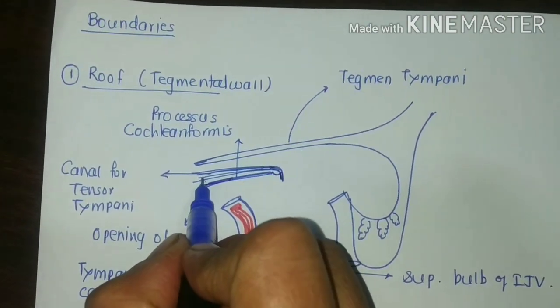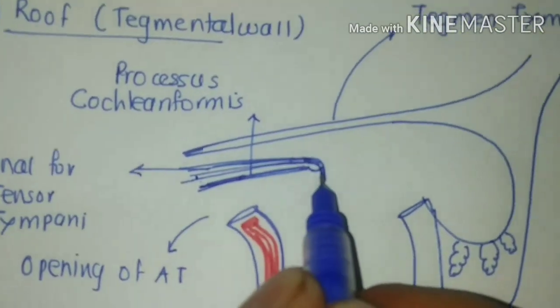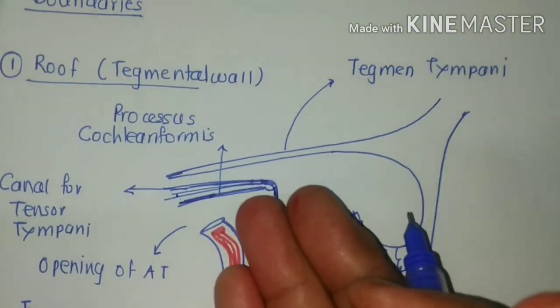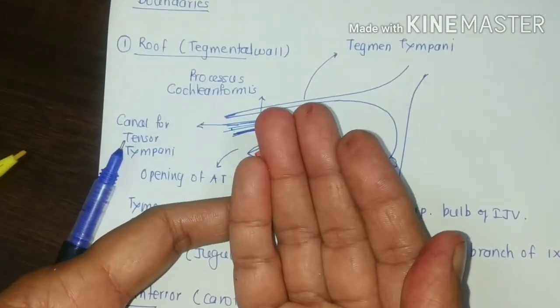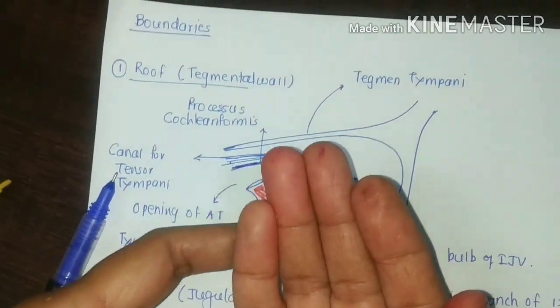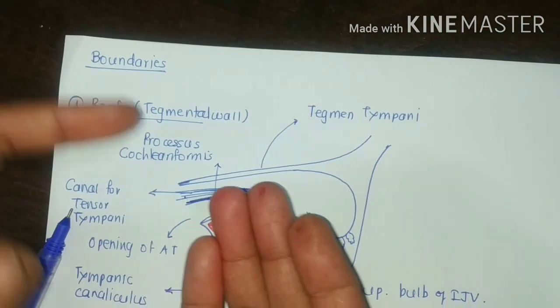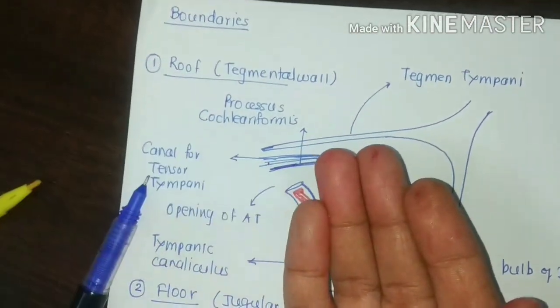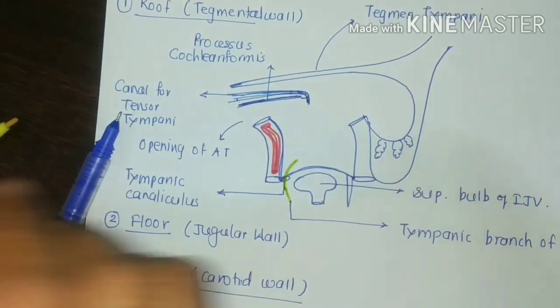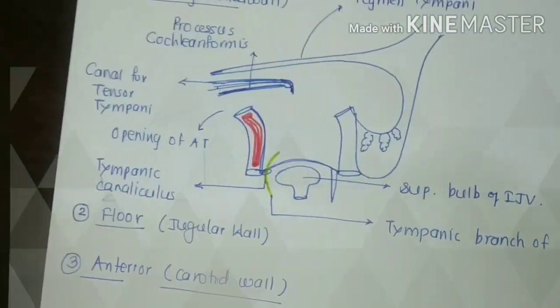Now this tensor tympani muscle passes and turns laterally. On the lateral aspect, what is there? Tympanic membrane. On the inner aspect of the tympanic membrane, there is the malleus. So this muscle goes laterally and goes to the handle of the malleus. Clear? So this is the anterior wall.